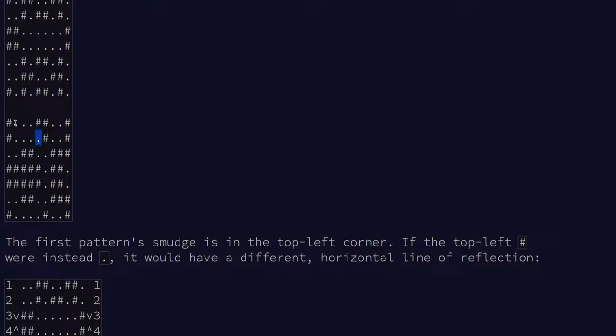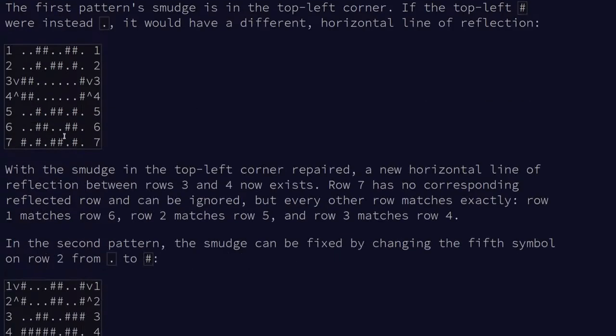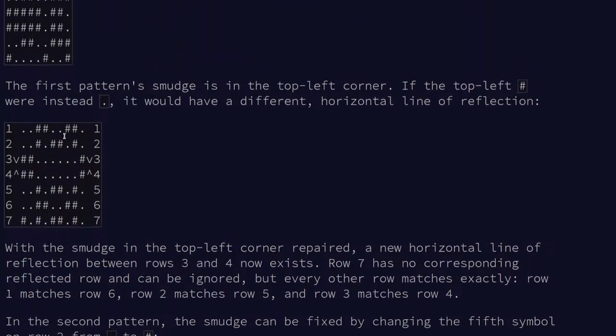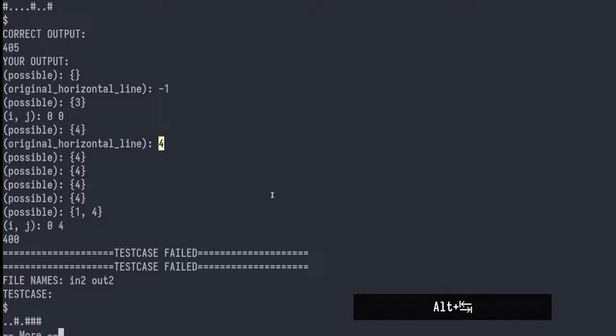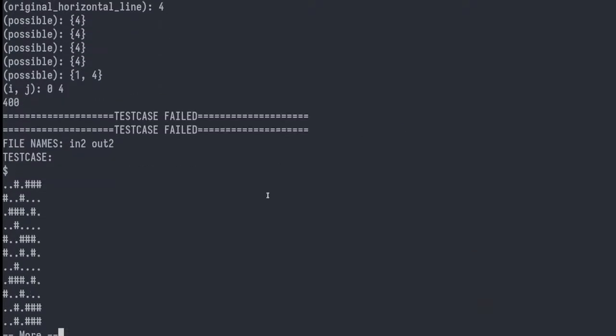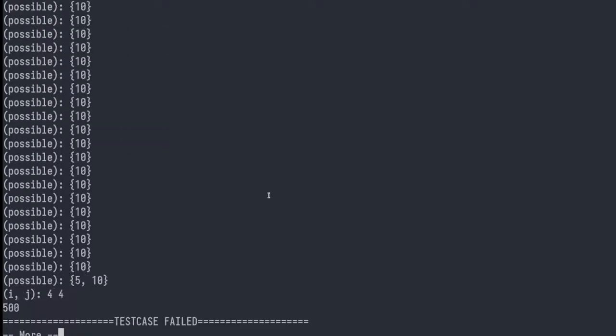This to a hash will make a different horizontal line of reflection with this much in the top left. As we saw for this case, it was 5 as well as a 10.